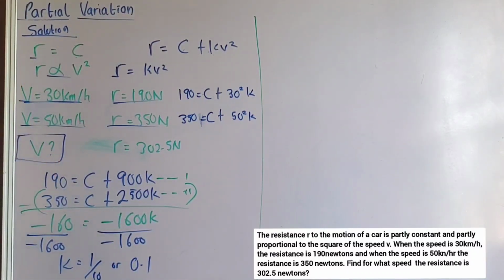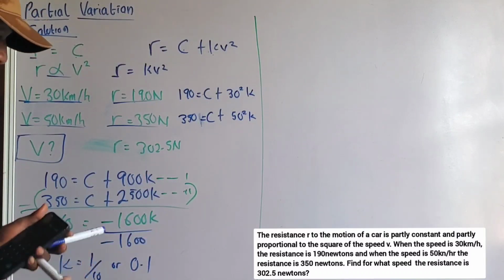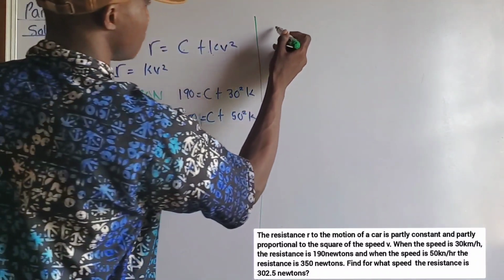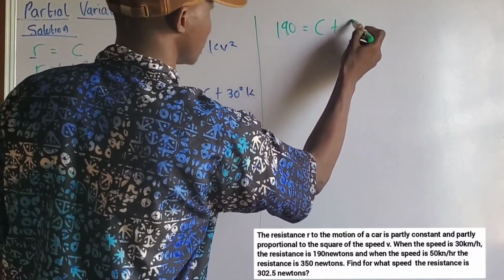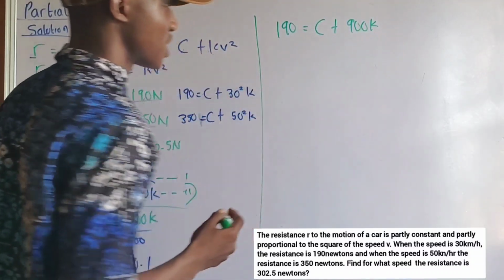Okay, now back to the question. Let us find the value of c. Since we've known the value of k, you can easily determine the value of c by substituting the value of k into any of these equations. So let us make use of equation 1. Equation 1 is 190 equals c plus 900k. Do you understand?